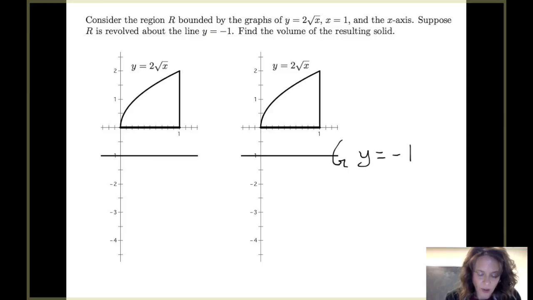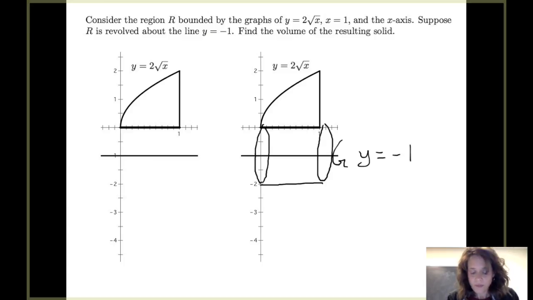So between 0 and 1, this segment, if it's 1 unit above the line y equals -1, when I rotate it, I can see that part of it goes 1 unit below the line y equals -1. So there I draw my segment, and then I can draw in the circular aspect of it. So this ends up producing a hole for my three-dimensional solid.